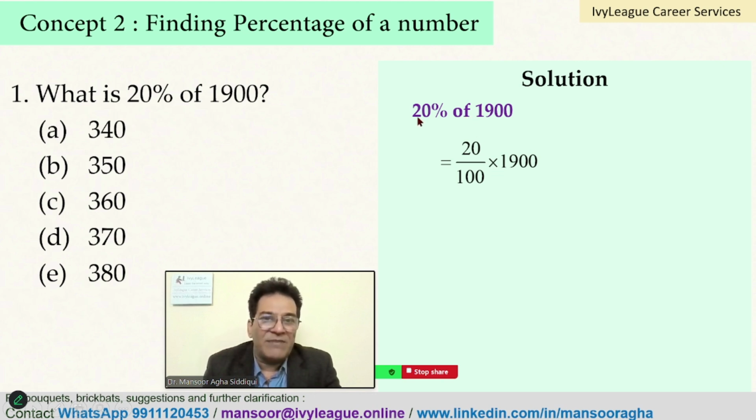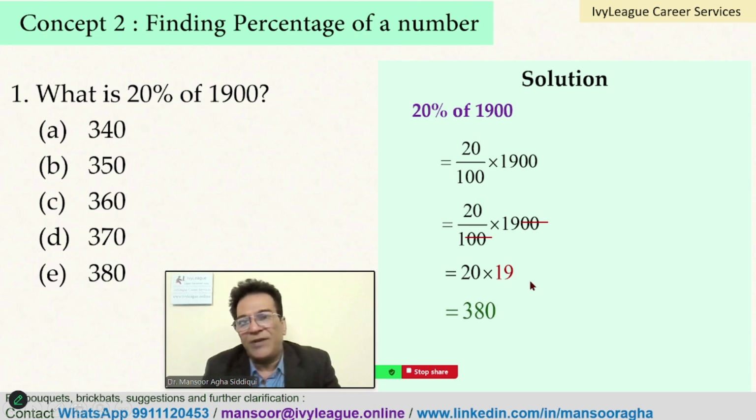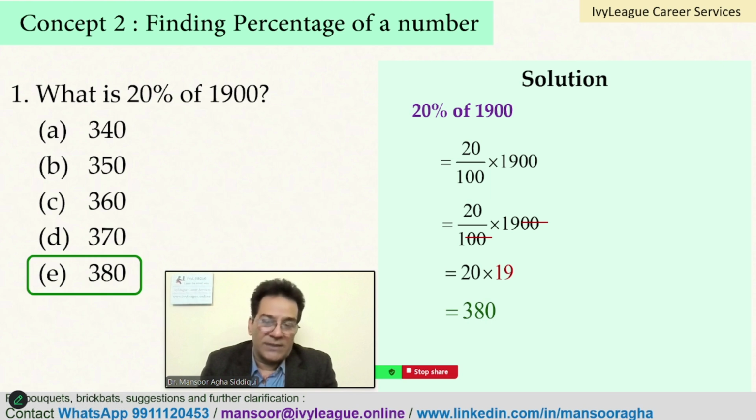You know that 20% means 20 upon 100. So you need to multiply 20 upon 100 by 1900. And when you simplify it, then you can simply cancel off the two zeros in the denominator and in the numerator, and you will end up getting 20 multiplied by 19, which comes out to be 380. As a result, you mark up 380 as the answer.